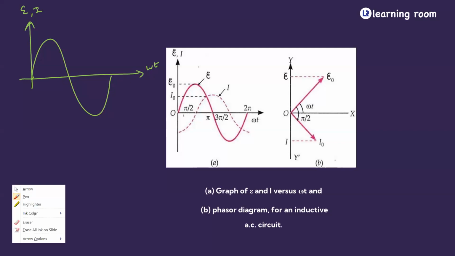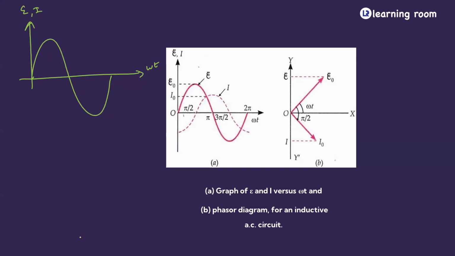right? Whereas when you talk about current, so what is happening to the current? Current I is equal to I naught sine omega t minus pi by 2. So whenever you have the angle as something minus pi by 2, it will always get shifted to the right.